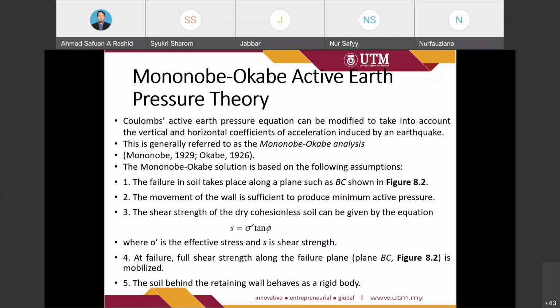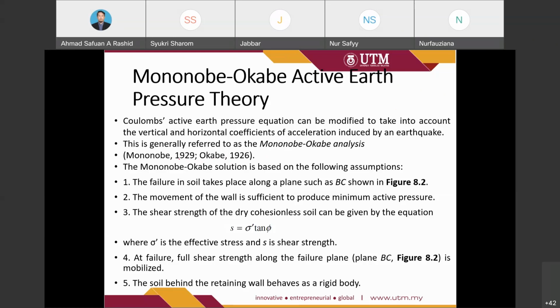The Coulomb active earth pressure equation can be modified to take into account the vertical and the horizontal coefficients of acceleration induced by an earthquake. This is referred to as the Mononobe-Okabe analysis, from 1926 and 1929. The latest one is 1929.